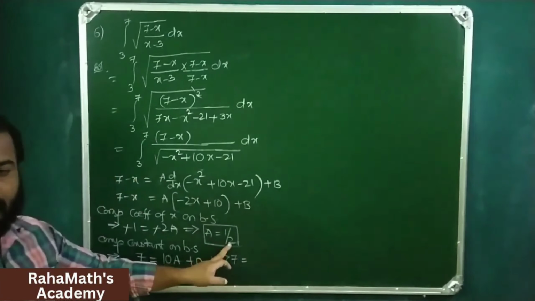This is equal to integral 3 to 7 1 by 2.